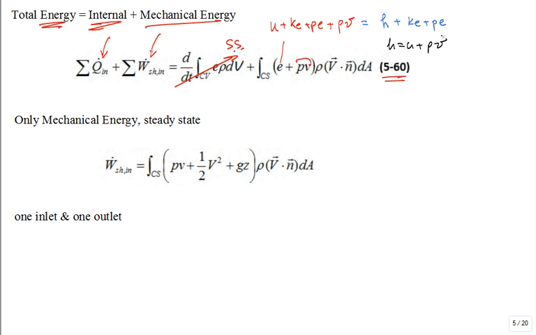But I can take this total energy equation and say, all I want to do is talk about mechanical energy of the flowing fluid. We often do this. So we're not interested in heat transfer. Okay, so you take that Q dot out. We're interested in steady state, so we drop that term.